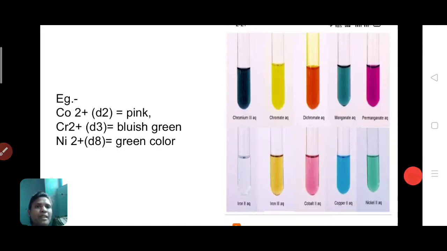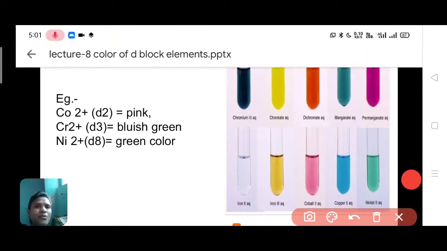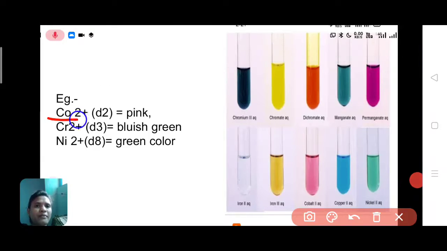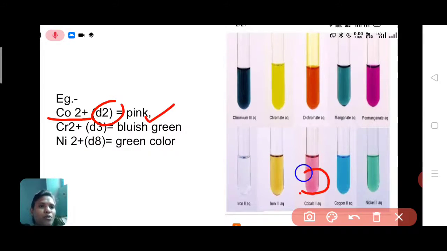So now see some examples. When cobalt has oxidation state 2 plus, having d7 configuration, it appears in pink color. See here, this cobalt appears in pink color, cobalt plus 2.